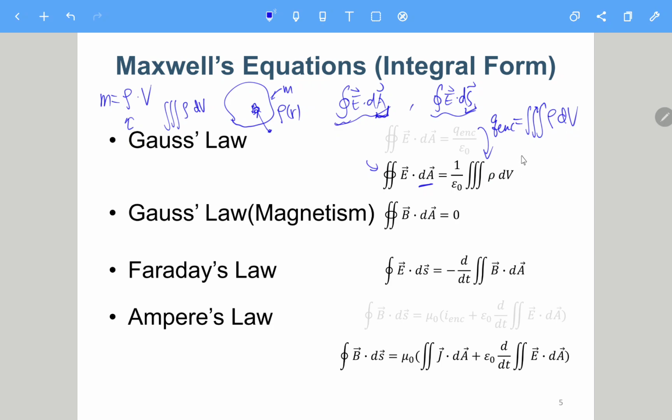Also we have this I enclosed. We can change it to the double integration of J dot dA. Of course, in chapter 26 we already know that I equals the integration of J dot dA, but here we just change it to a double integration sign because dA is in 2 dimensions.